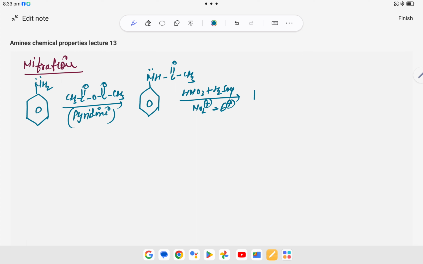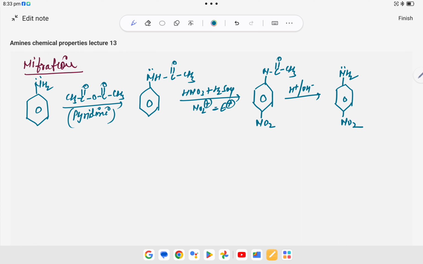Then the same para product is possible: NH C double bond O CH3 with NO2; ortho is not possible because of steric hindrance. Then if you do acidic or basic hydrolysis, the monodirective compound is possible. This is your NO2. So that's all about nitration.